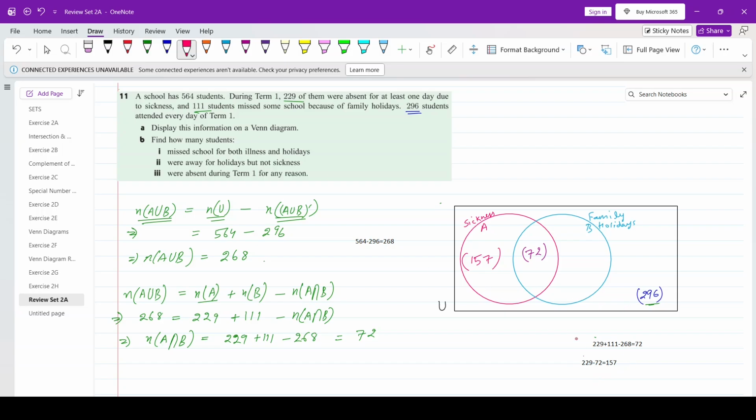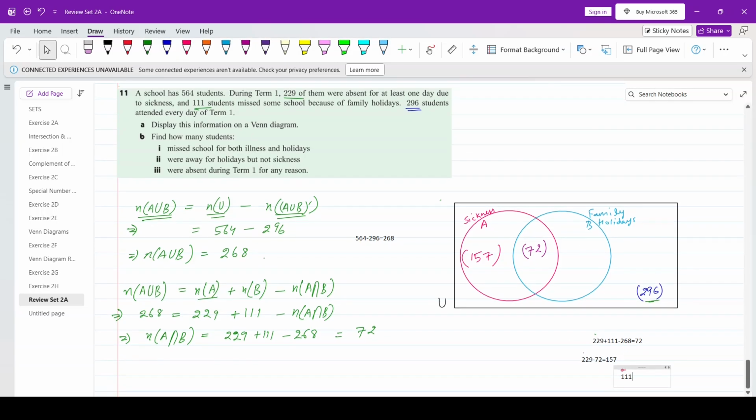And 111 minus 72, we have 39 students here. Now the question says display this information on a Venn diagram. So we have done it. This is part A. Find how many students missed school for both illness and holidays. Illness and holidays both is 72.